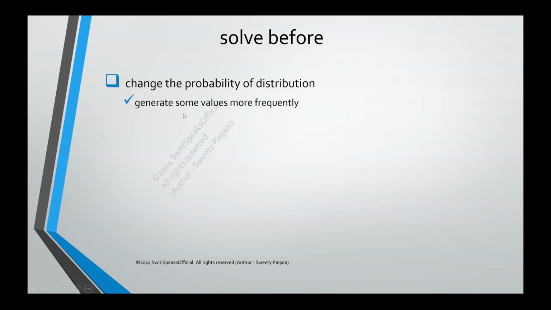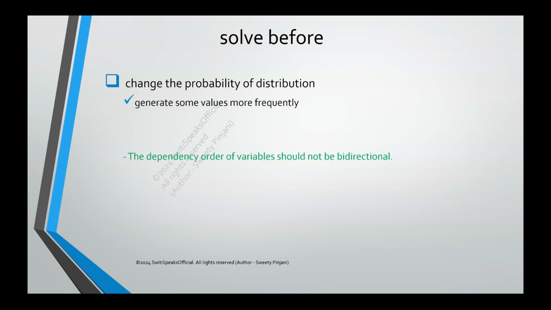Because I am interested in generating certain values more often compared to other values. I feel that these values will help me improve the quality of my verification, or that the values I am generating more frequently have more chances of finding a design bug. That is why I want to generate these values more frequently compared to others.